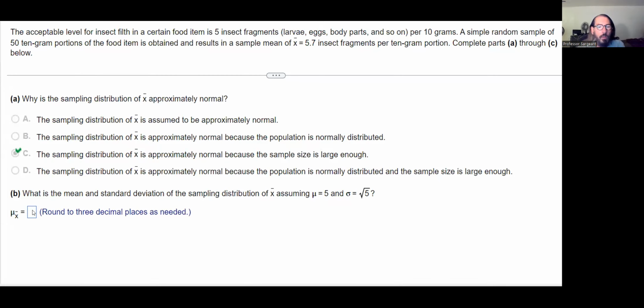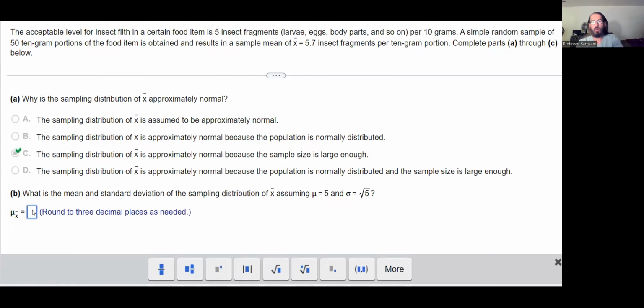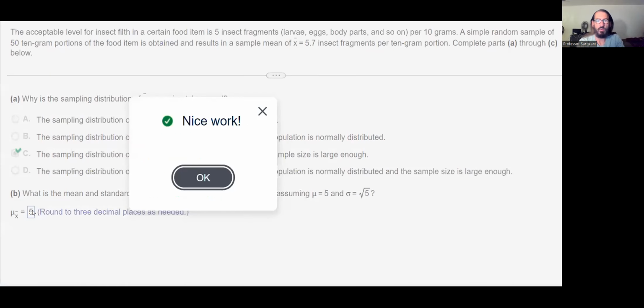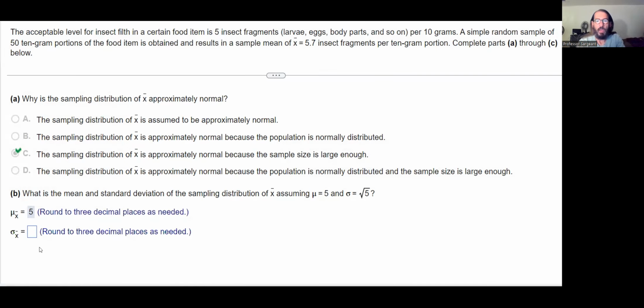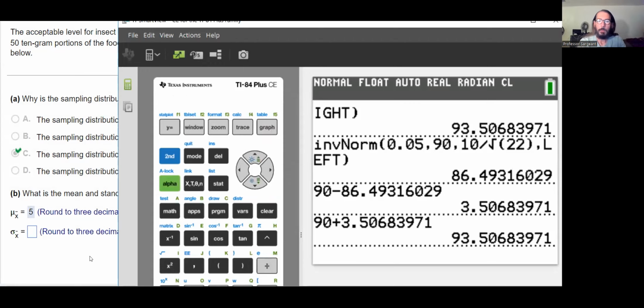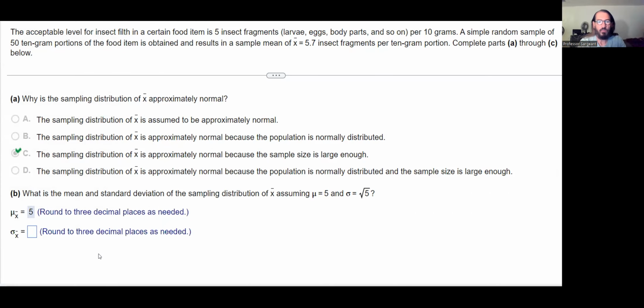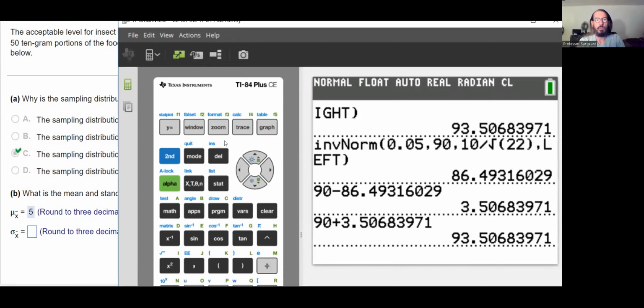The mean for the sampling distribution of X bar will equal the population mean. No rounding needed there. And the standard deviation will be the square root of 5 that we have for sigma divided by square root of 50, because 50 is the sample size.